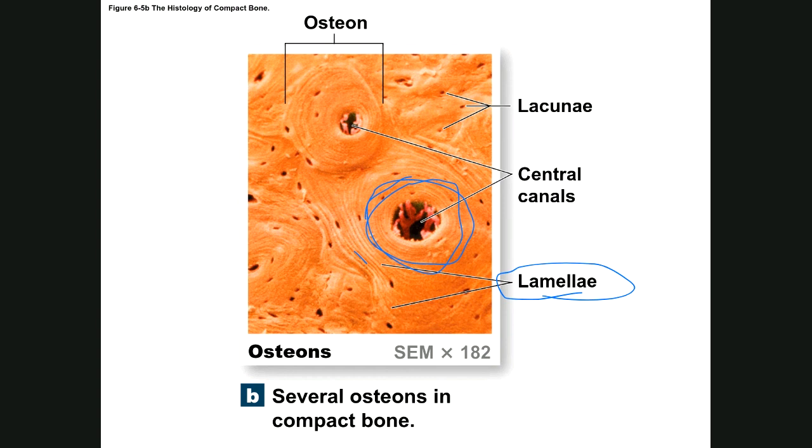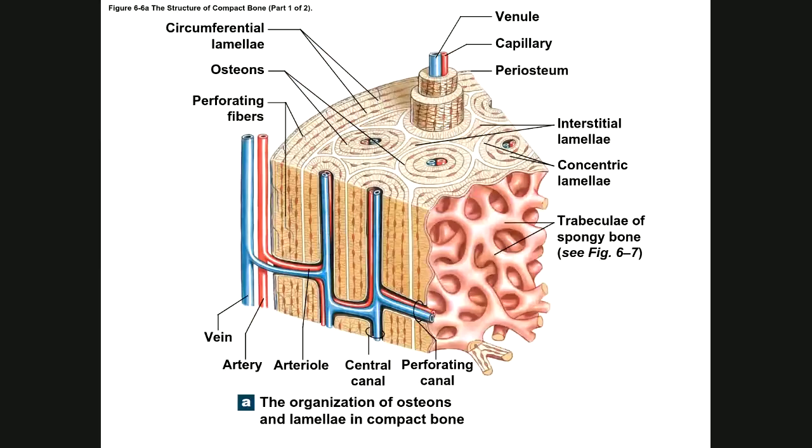And circumferential is outside. Start learning these three different lamella plates, because I like to ask these questions. The lamella plate that is very outside is known as circumferential lamella plate, the outermost of the bone.